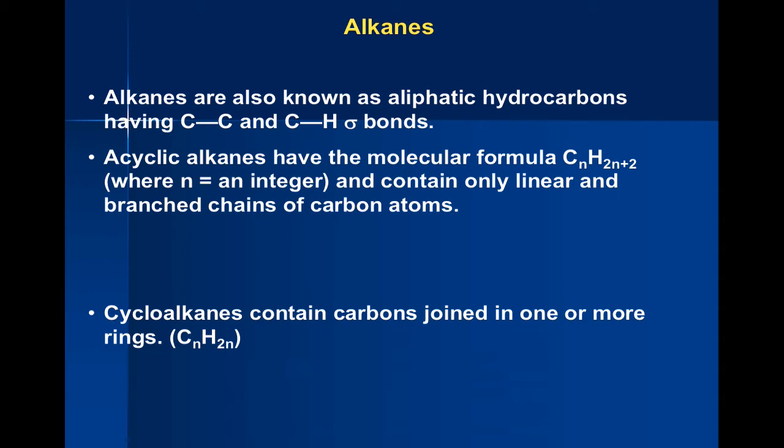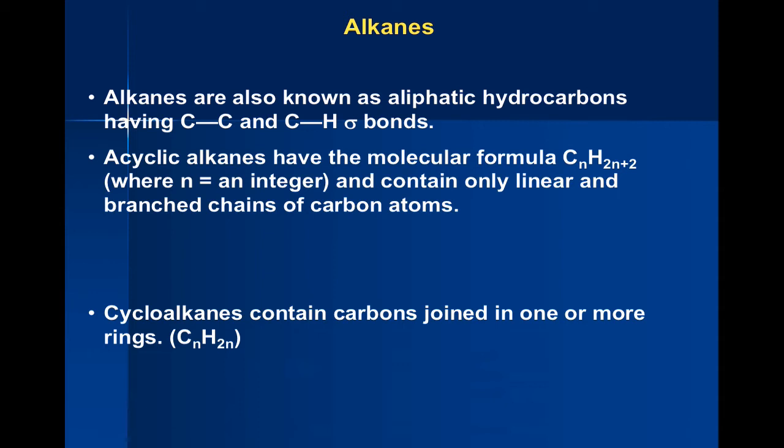Okay? Now, acyclic alkanes have the molecular formula of CnH2n+2, where n is some integer. What do I mean by acyclic? Not cyclic. And what does that mean? Linear. Okay. So let's say we have that. How many carbon atoms do I have in that structure? I have 4. 1, 2, 3, 4.